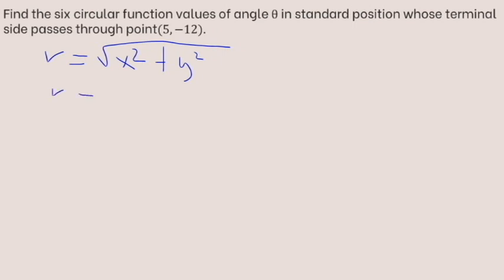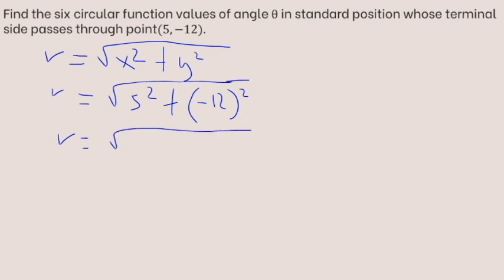So r is equal to the square root of 5 squared plus negative 12 squared. 5 squared is 25, and the square of negative 12 is positive 144.